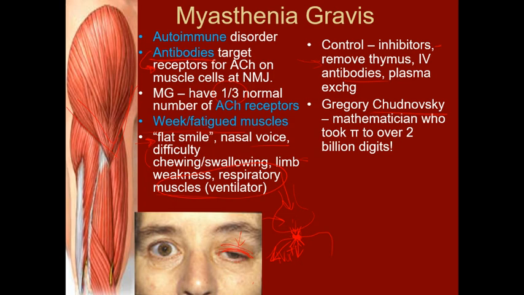He and his brother took pi, the number 3.14, and then it goes on forever. After that point, we all know it by 3.14, but it's really a never-ending number. So mathematicians are kind of fascinated by this, finding the end to pi.